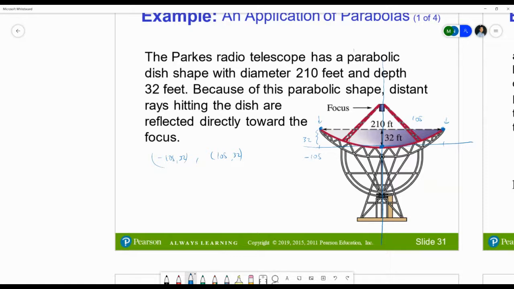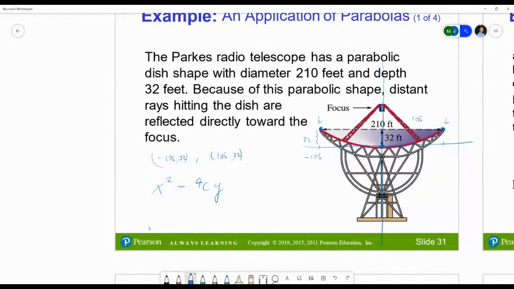What else do we know about the general equation? What is the general equation? I did this problem earlier. We know the general form is x squared equals 4cy.